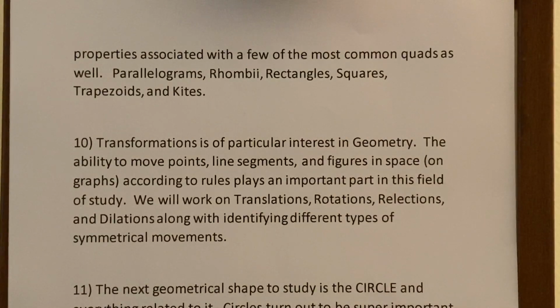As we're studying four-sided shapes, the properties and rules and special definitions that we're going to learn will apply to parallelograms, rhombi, rectangles, squares, trapezoids, and kites. Those are the main figures we're going to study when it comes to four-sided shapes.